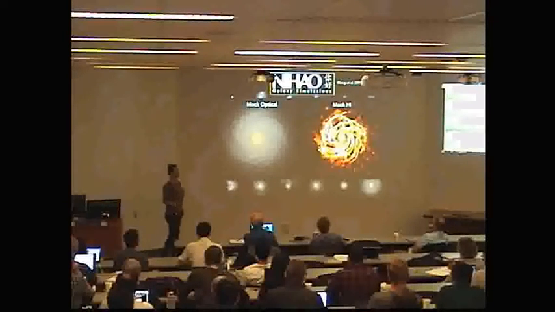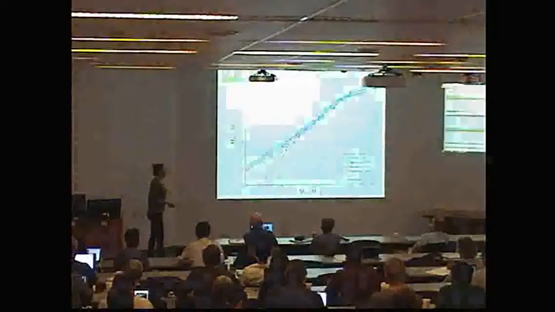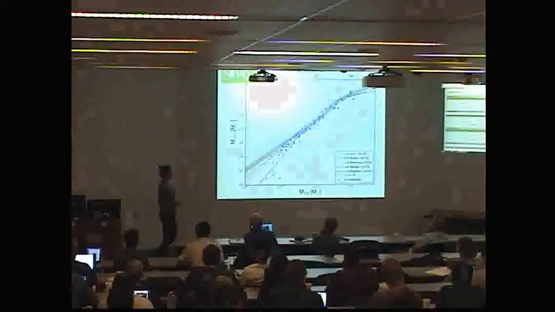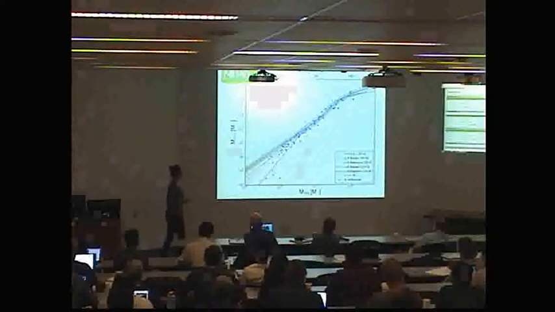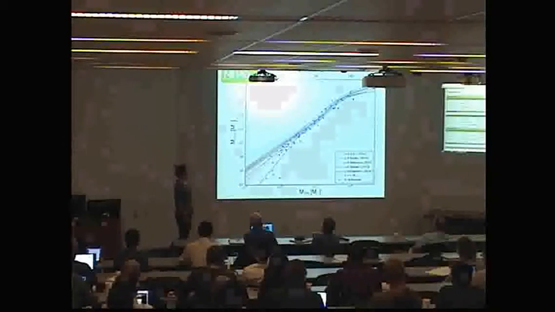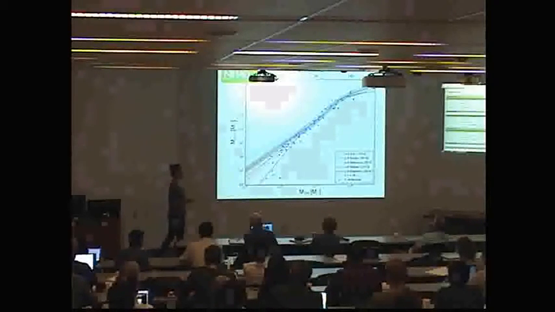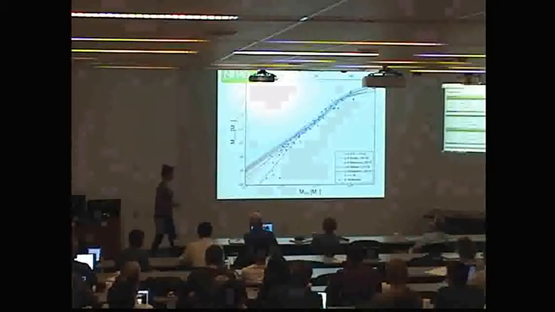We can also create mock H1 images. And what's nice about these simulations is that they nicely follow the stellar mass halo mass relation pretty much across all of the orders of magnitude in halo mass. And you'll also be able to hear more about the NEHA simulations later today from Aaron.